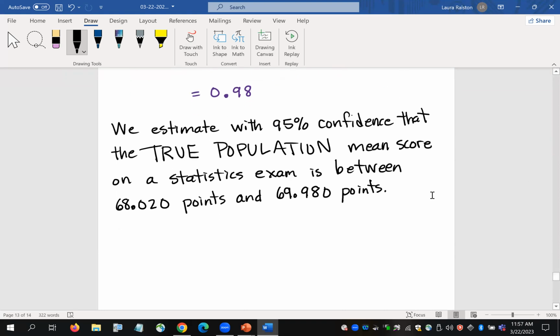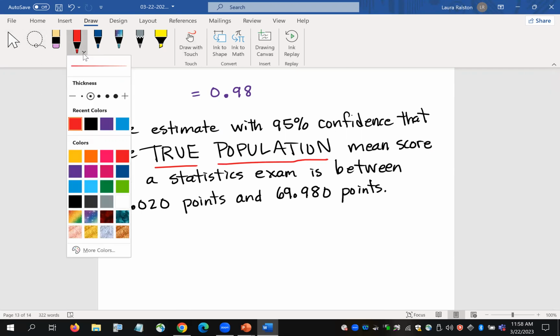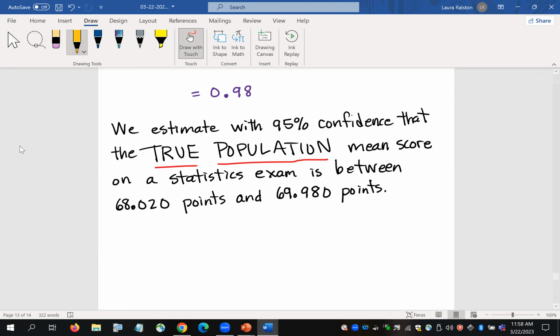Now, a couple of quick things there. One is I capitalized these words, true population, because these are important words. You have to include those in your conclusion. The other spaces I've just filled in: the confidence level that was given, the variable, and the lower bound and the upper bound.